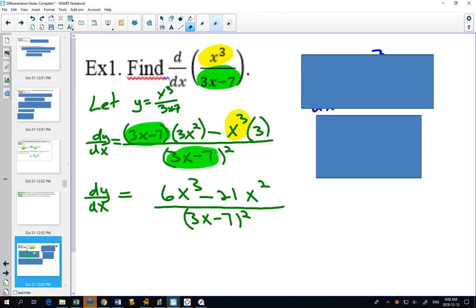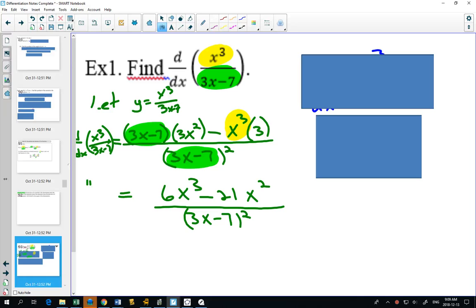So technically, the best notation on the left-hand side would be d dx of x cubed over 3x minus 7 written over and over again, which is tedious, right? But if you say let y equals, then you can use dy dx.